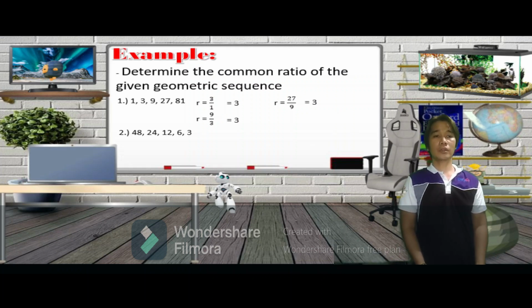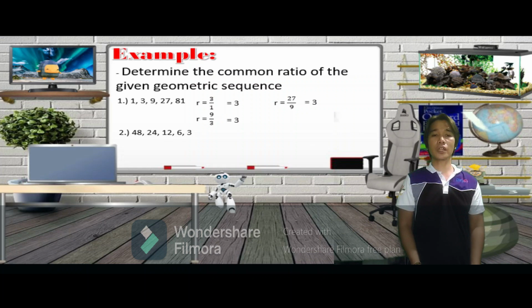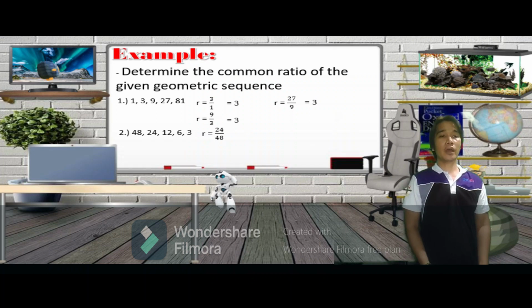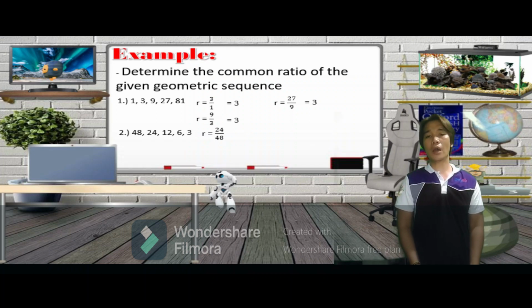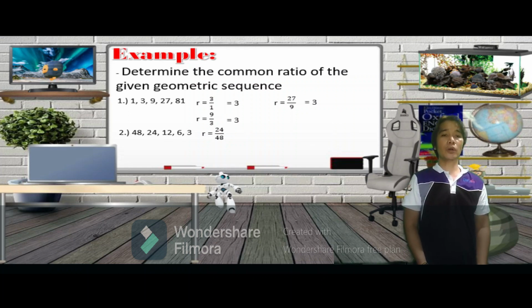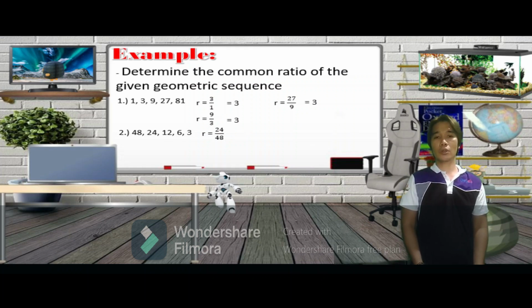Let's have another one. We have 48, 24, 12, 6, 3. So what do you think is the common ratio? We have 24 divided by 48. If you notice, our fraction is already a proper fraction, so we're just going to simplify it by dividing both numerator and denominator to reduce the given fraction to its lowest term.